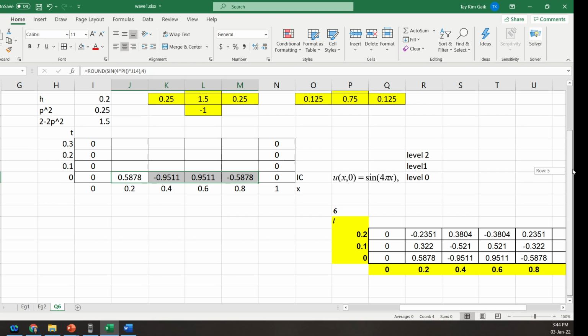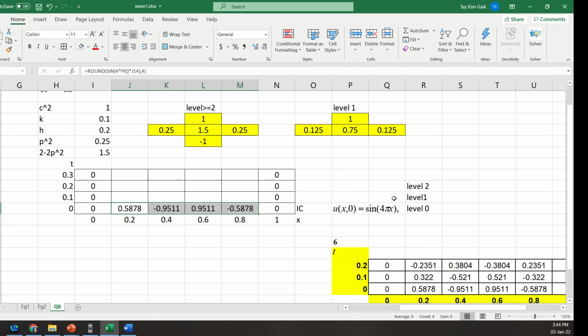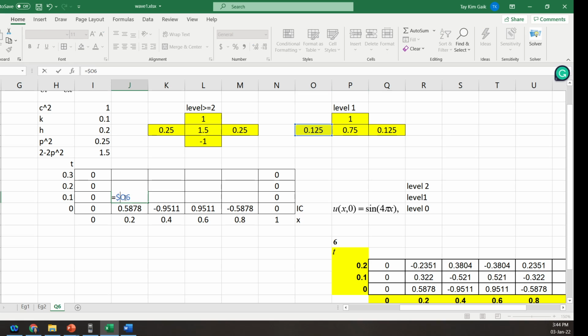Now level 1. Using the level 1 molecule, we take the left bottom coefficient multiplied by the left bottom cell.